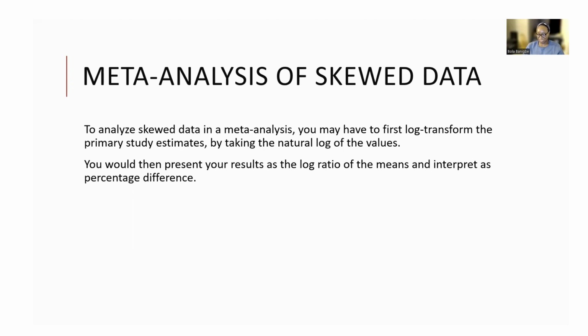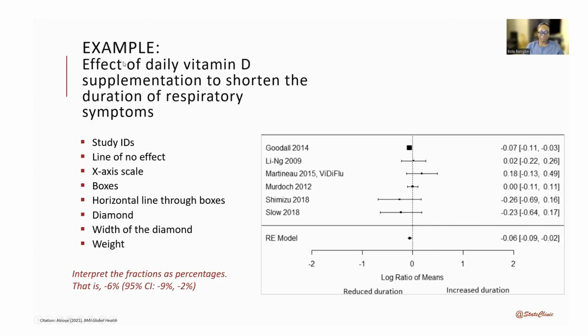Here is an example of daily vitamin D supplementation to shorten the duration of respiratory symptoms. If you look at the x-axis label, it's log ratio of the means.